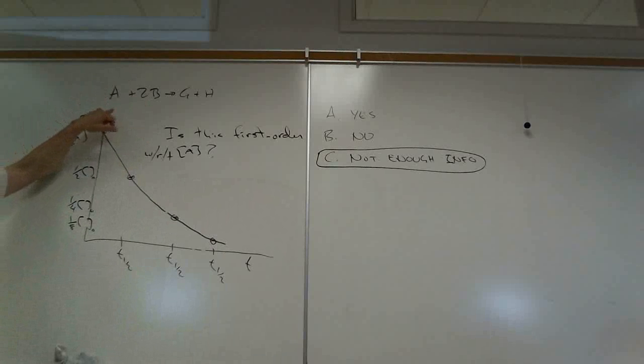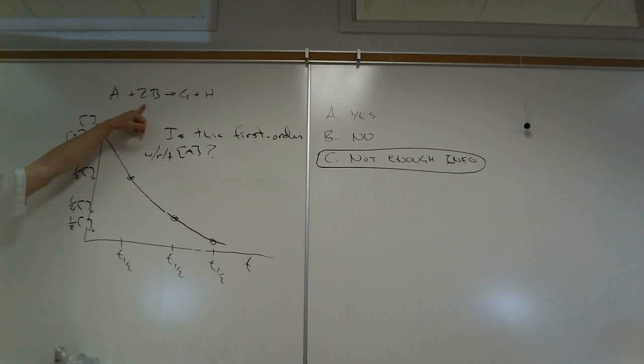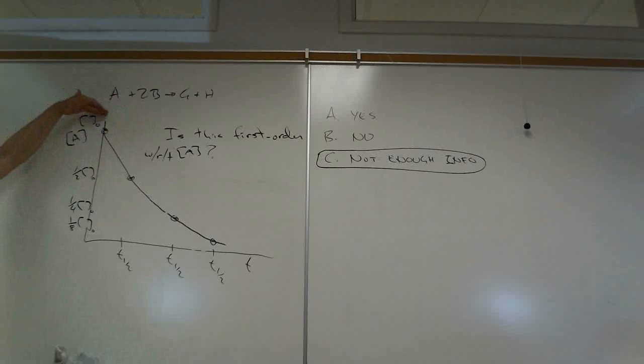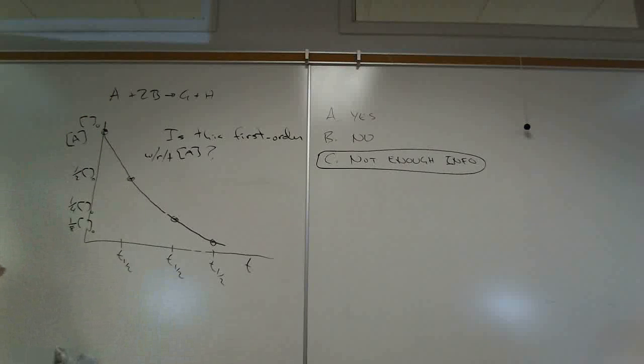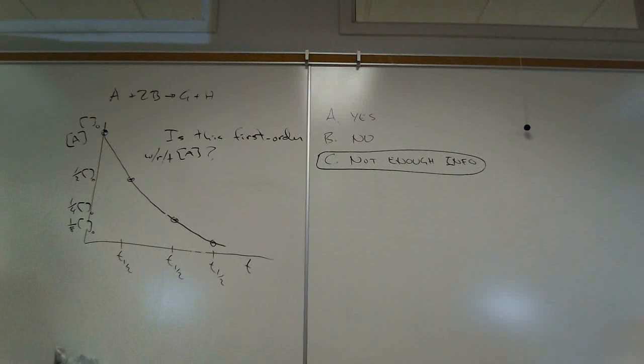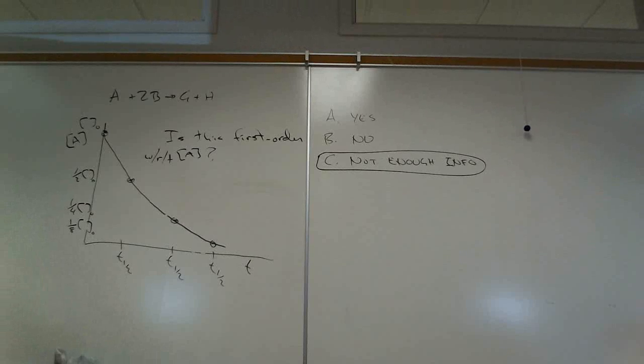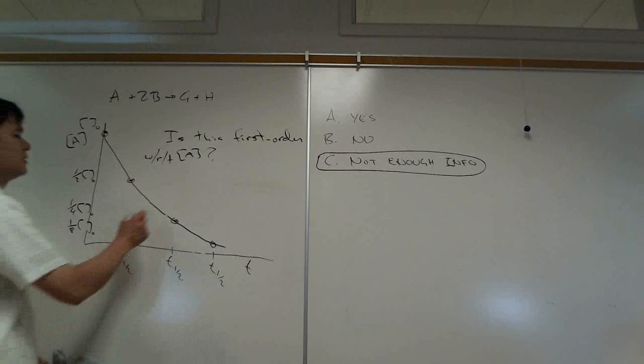If A gets cut in half, B gets cut by twice as much as A, right? And so, if B's getting cut, is that going to have an impact on the rate? Yes. And so what we see here is this.